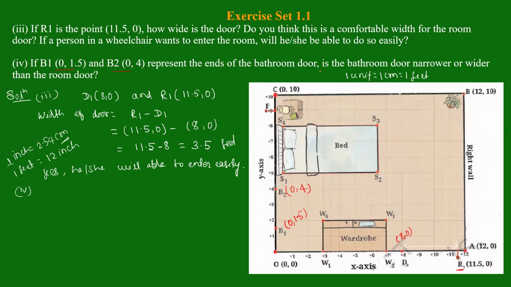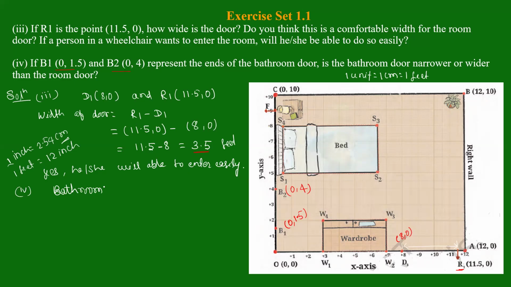Is the bathroom door narrower or wider than the room door? The room door width we already found is 3.5. Now we'll find the width of the bathroom door. This one is easy since the points are on the y-axis.